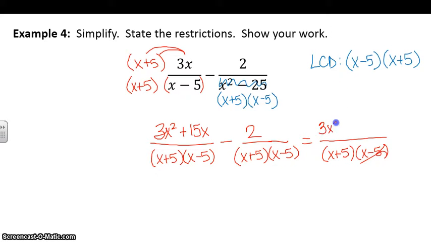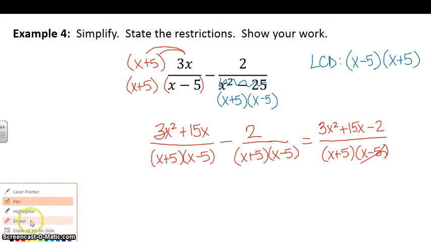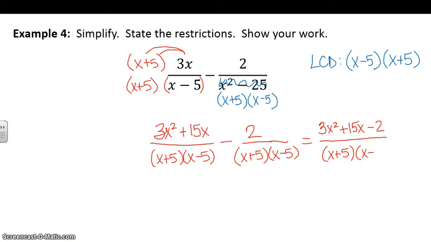So 3x squared plus 15x, and then that'll be minus 2, because there's a minus sign in front. Okay? Now, erase that, because this is not canceled out or anything. Just showed up that way. So then that was x minus 5 there.